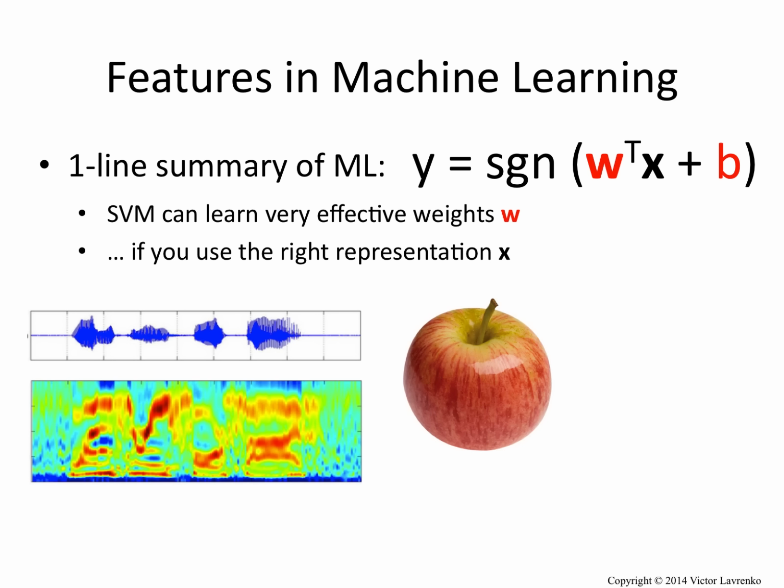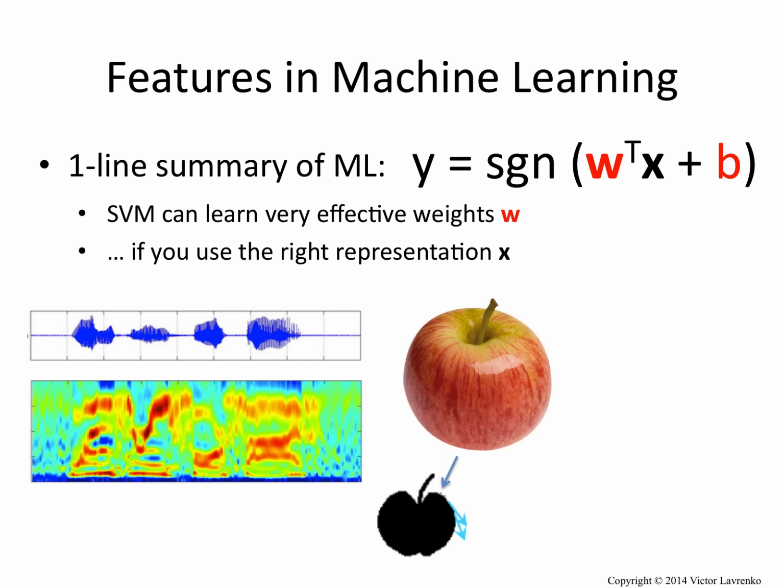And if you were doing images, again, you couldn't just take pixels and stick them as your x values. Your support vector machine would not learn anything. You need to represent it, and there is an entire field of computer vision dedicated to how you represent images.